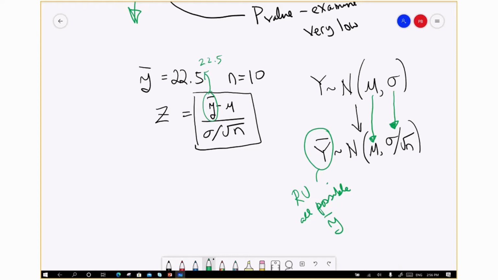So this is a random variable. If this is a random variable, then we can think of this thing as being a probability density function. But it's the probability density function of a sample statistic, and therefore we give this probability density function a special term. We refer to it as a sampling distribution.